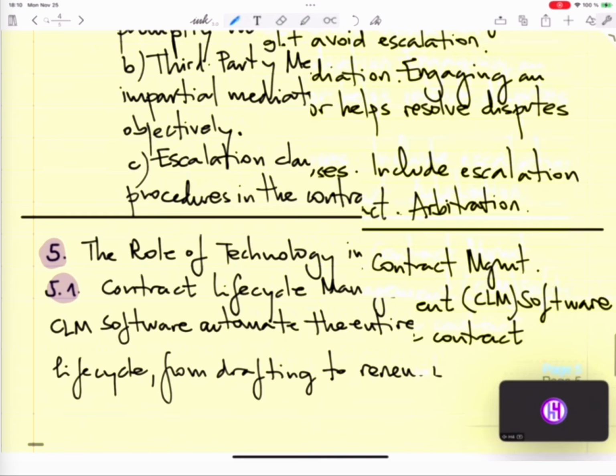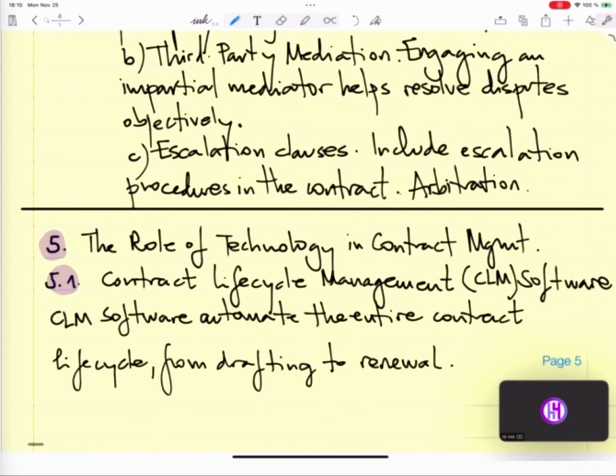Okay, if you include some AI, generative AI in the loop, then you can even get your computer to draft the contract and negotiate the contract with a chatbot for you. Okay, so this is a big thing going on right now. You can get some bucks if you pre-program some generative AI that can deal with your contracts.